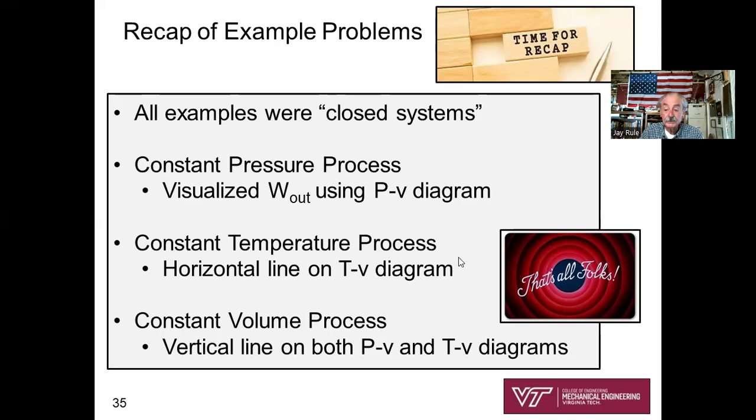Okay. Also, it's kind of a tricky looking process on the PV diagram, but it does follow an isotherm, one of those dogleg lines, okay? Then the third one was a constant volume process, a rigid tank. We showed that it was a vertical line on both PV and TV diagrams. We really exploited the PV diagram and saw with our eyes that work out was 0.